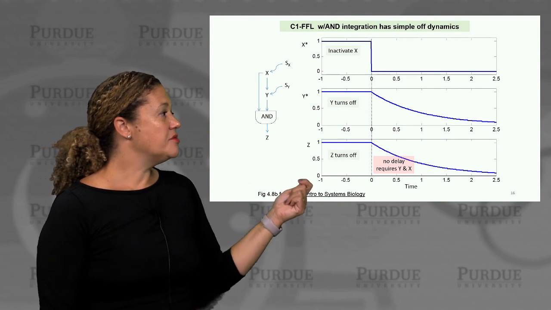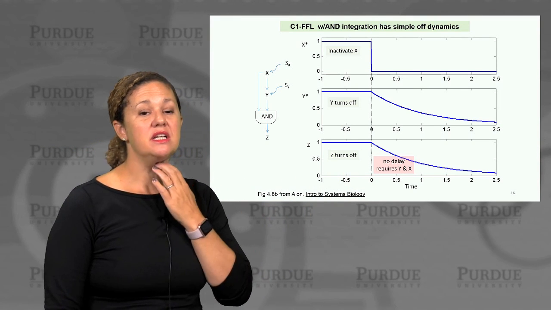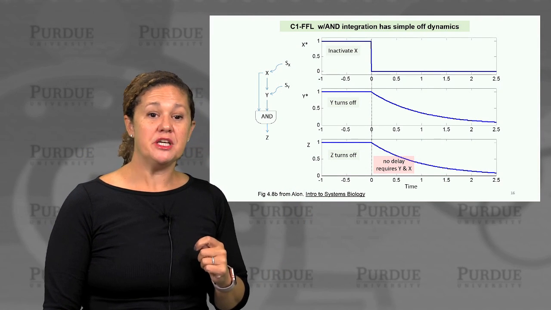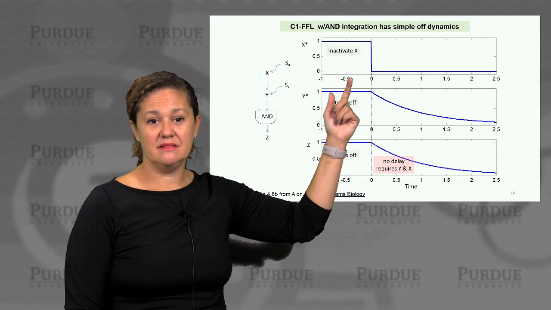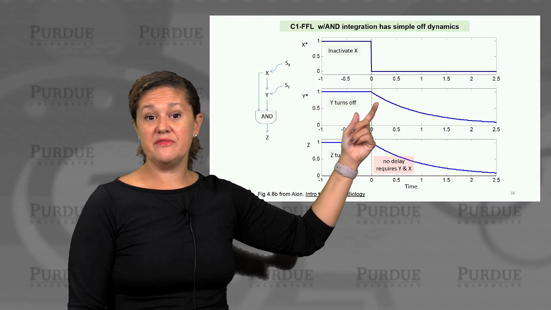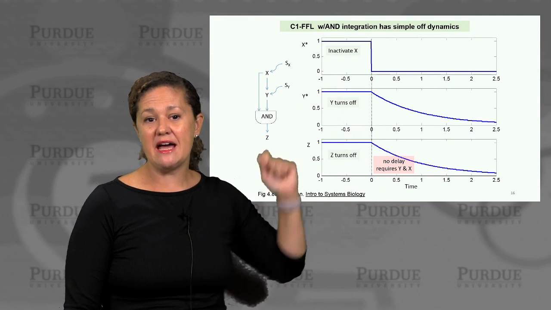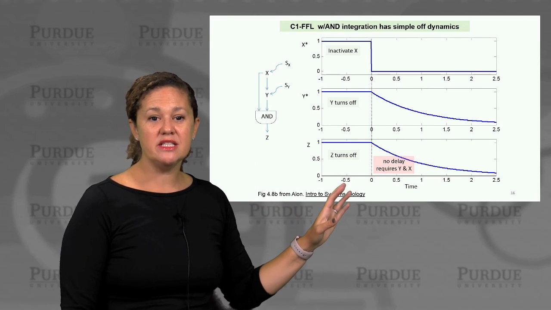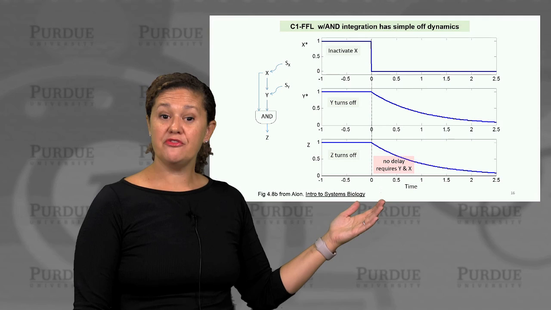So now we look at Z. Now remember, we have AND integration here. So both X and Y are required for Z to be on. So as soon as X goes away, even though Y is still above its threshold, Z will immediately turn off because we have no X. So in contrast to our on kinetics, we have no delay in our off.